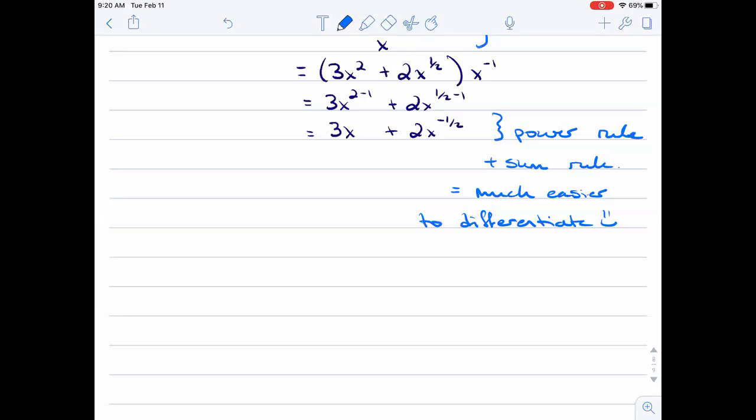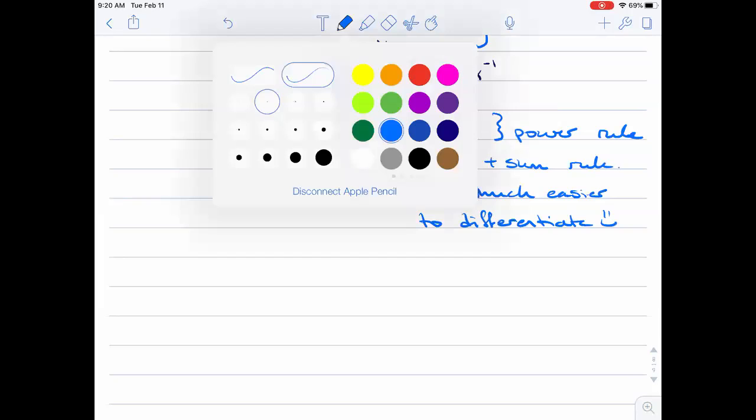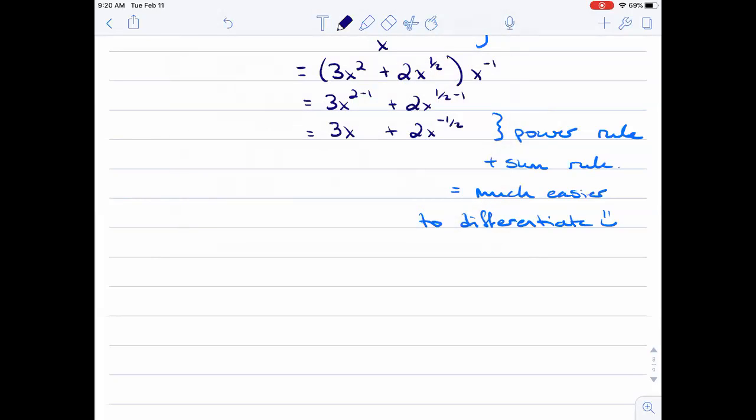How about everyone's favorite thing, trig functions? You've got the derivatives of the most common trig functions that we might have to use, right? You do have to memorize those, right? Because there's no formula sheet. You will need them, right?